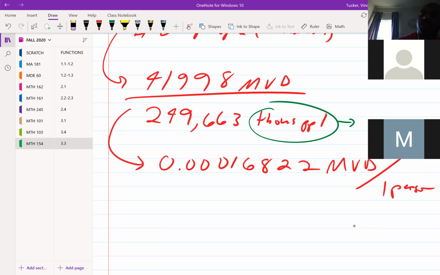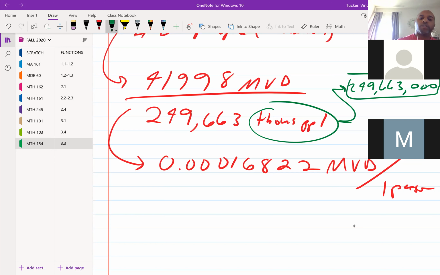Let me write it like this. If you really want to put that number in the calculator, it would be 249,663,000. So that 1,000, we'll put 3 zeros behind that. If you divide that out, that will give you 0.0016822 per one person.